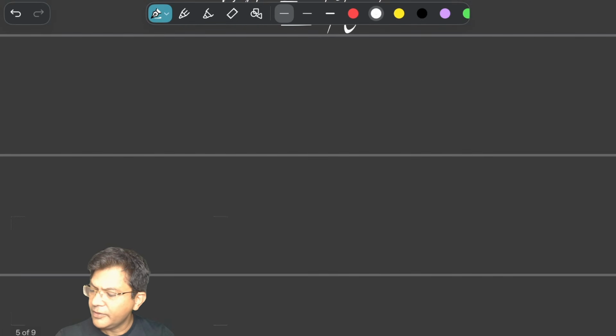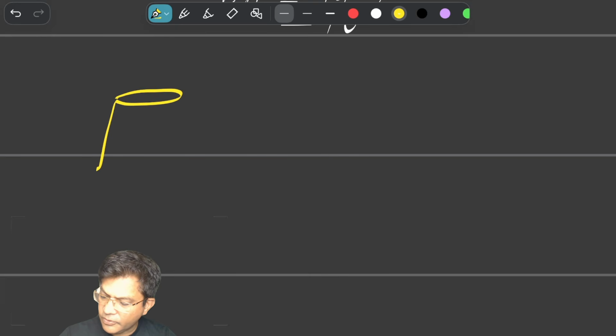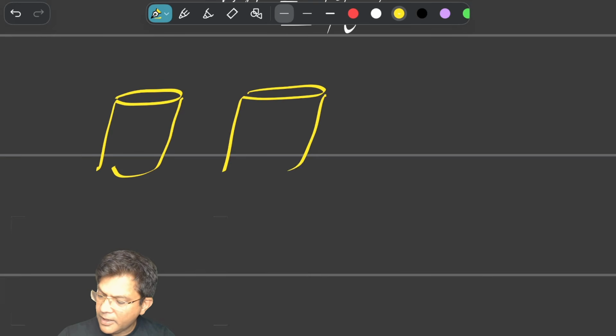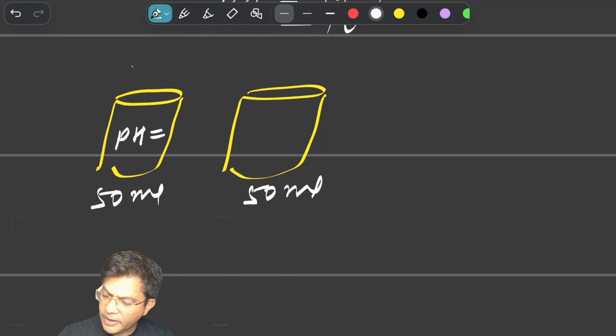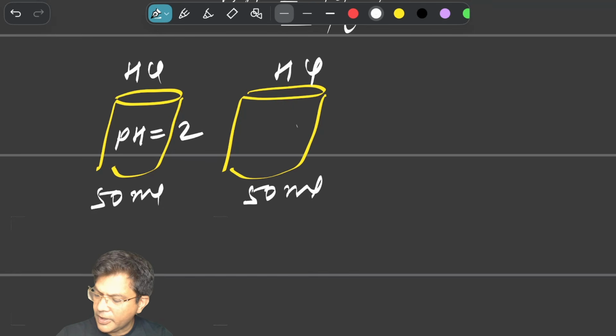Now, see, if the examiner is giving that, we are having one solution in one beaker, another solution in another beaker, and both the volumes are, if I say, 50 ml of this and 50 ml of that, and both are HCl solutions, its pH is 2 and its pH is 4.